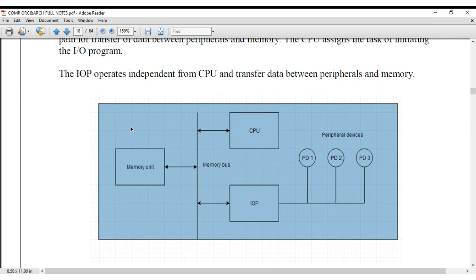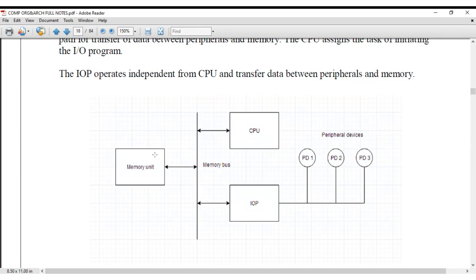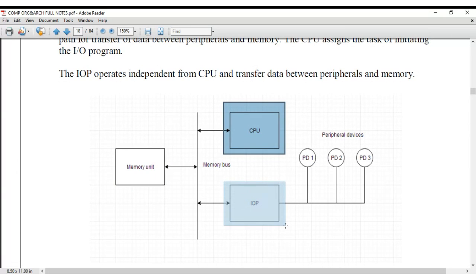All right. So as you can see, we have a memory unit here. Memory unit is just something like a RAM. It can be a cache, just one of the primary memories. Then we have the CPU of the machine, and then we have an IOP.